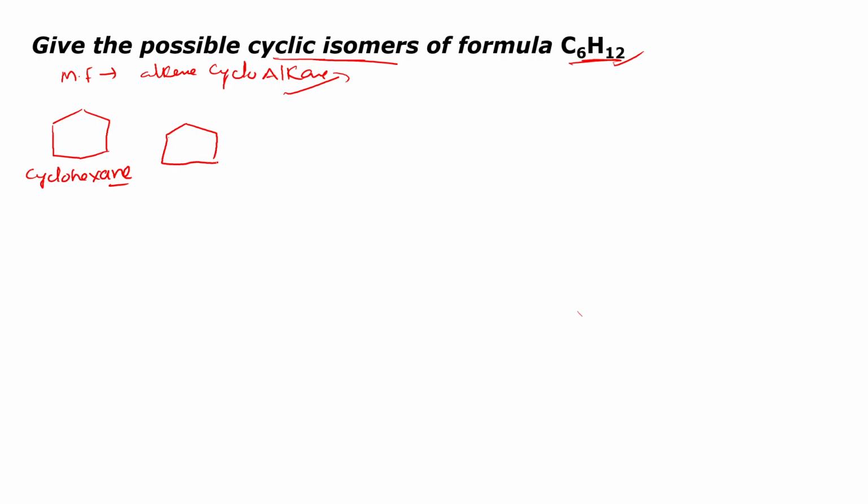So the cyclic isomers for this cyclohexane are methyl cyclopentane, 1 methyl cyclopentane. One more I would like to write: ethyl cyclobutane. This one is ethyl cyclobutane.